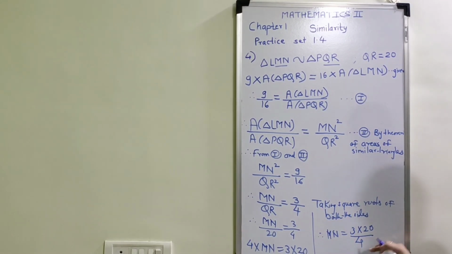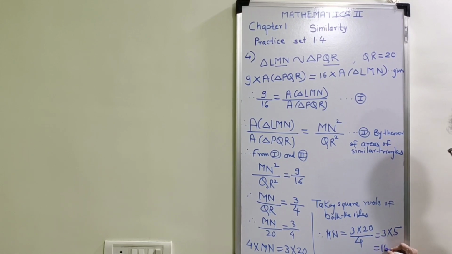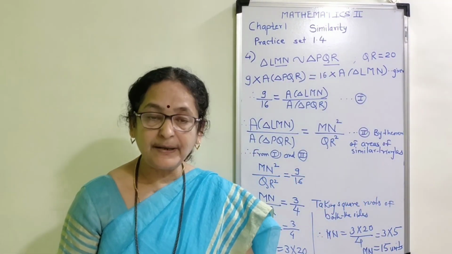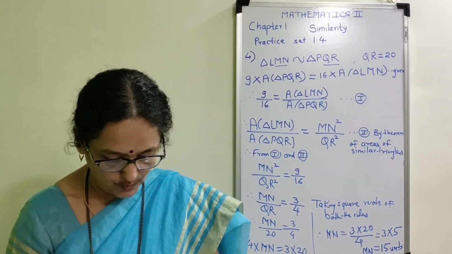Transpose 4 on this side. I will get 4 5s are 20. Therefore it is 3 into 5. My final answer that MN is equal to 15 units. Since unit is not given, I am using the word 15 units. Now here I have completed my fourth example. Now solve example number 5 and 6 as homework.